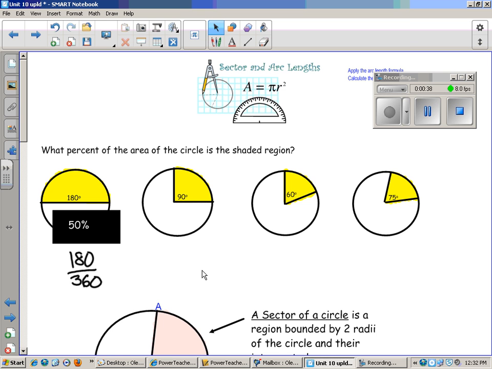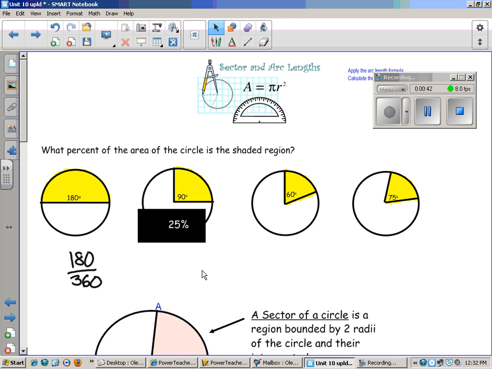How about 90? 25%. And how'd you find that? Yeah, 90 over 360, which is 1/4. Okay, how about 60 degrees? What percent is that? 16.7.